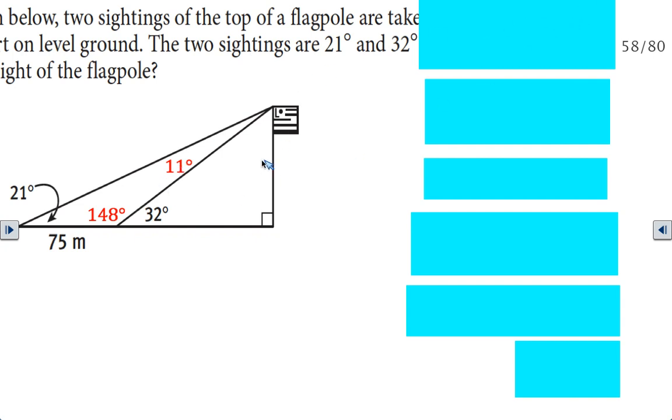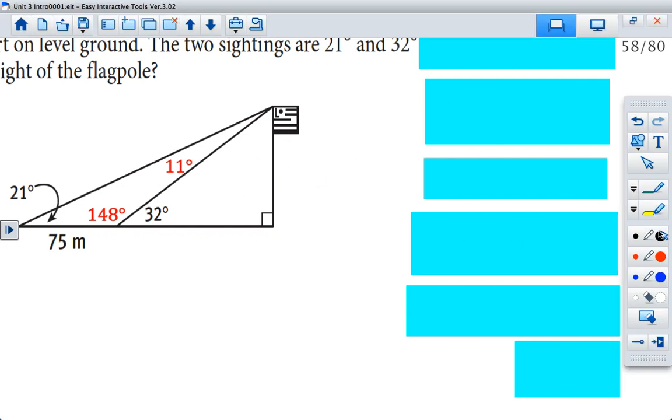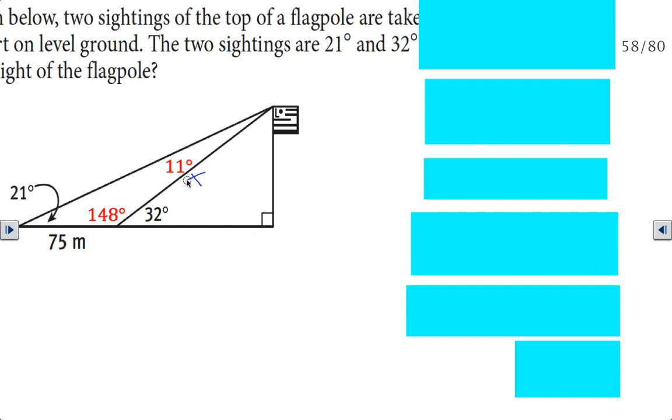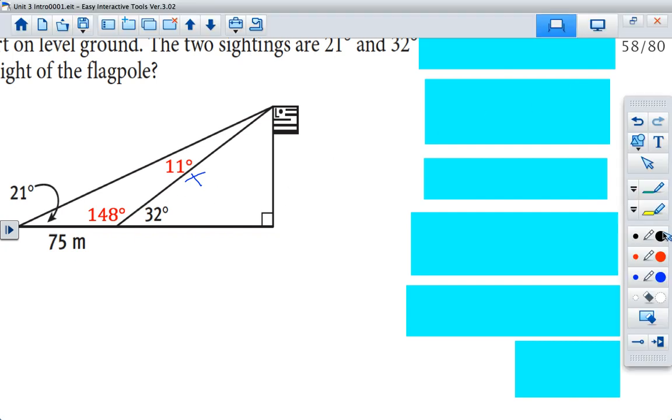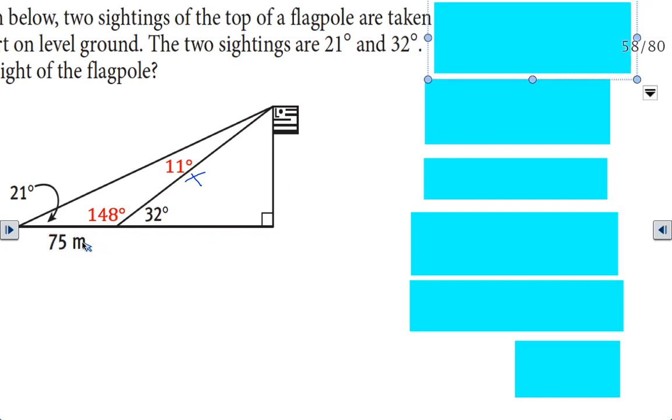Okay, and then we now need to find the measurement of this side length here. Because we know this side measurement and this angle now, we can use the law of sines. We have an angle and its corresponding side measurement. So we'll use that ratio, 75 over sine 11.